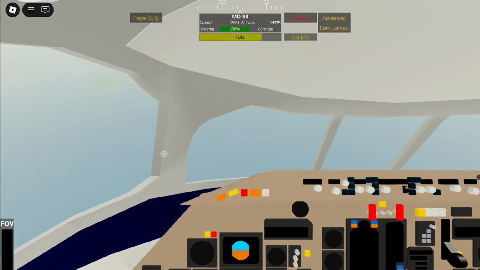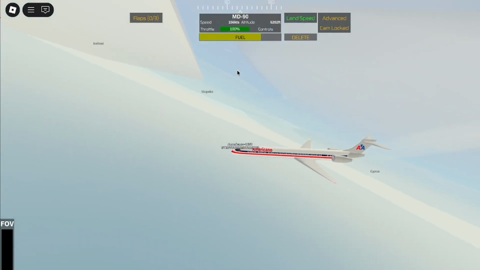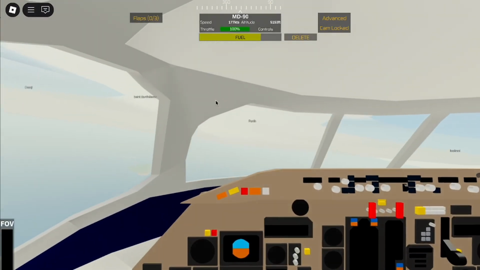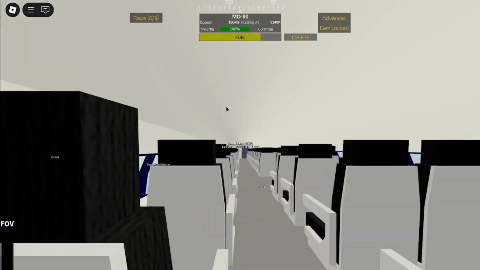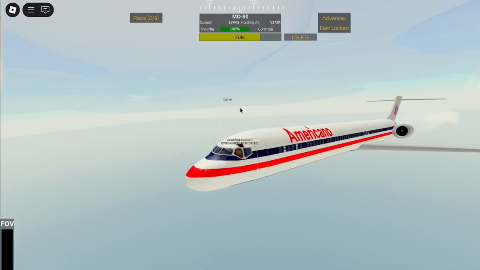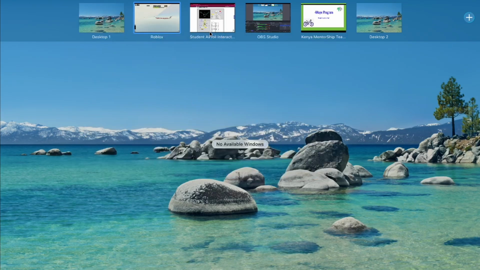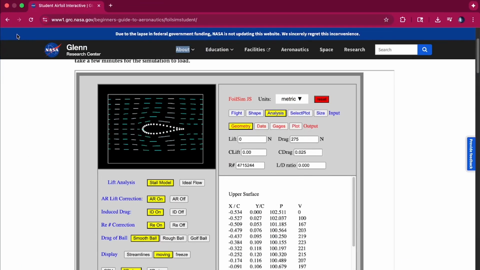So let's get this out of the sun. If you want to put this at a specific altitude, it will essentially move slow. Let's see if we can put this to Perth. You can see the airfoil's kind of doing that. While that's going, let's take a look at another simulator.